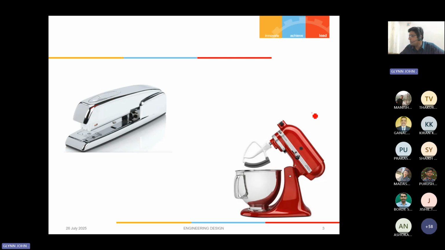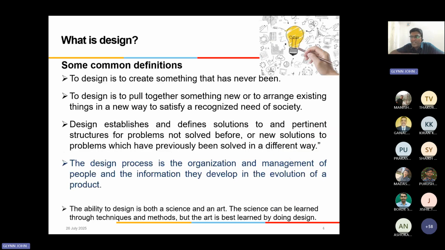Similarly, if you look at this product also, it performs the function. The parts are all connected well. It works really well. But apart from that, it looks very attractive. It has smooth surfaces, very attractive colors, right? So all these things are put together. Based on that, what do we mean by design, or what is design, right?